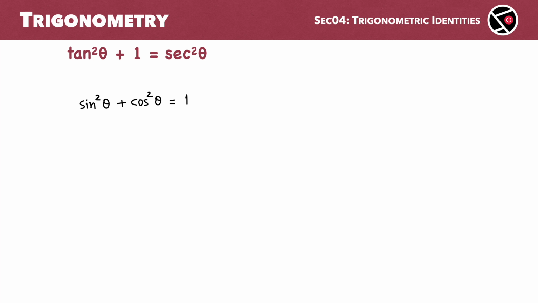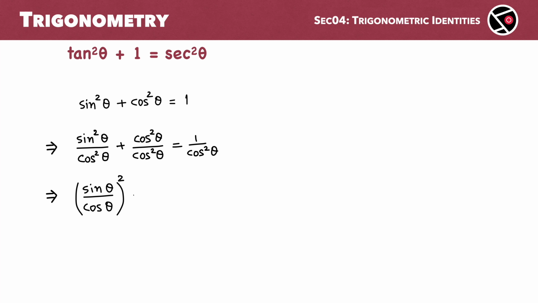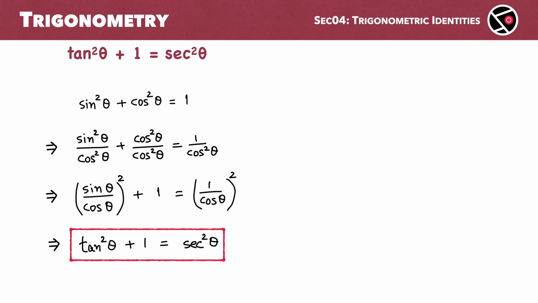Now dividing both sides by cos²θ, we get sin by cos is tan and 1 by cos is sec. So we have tan²θ plus 1 equals sec²θ. With this, we are done with the proof.